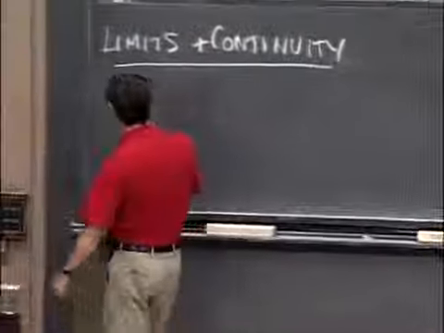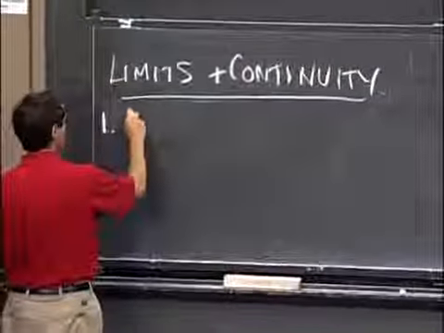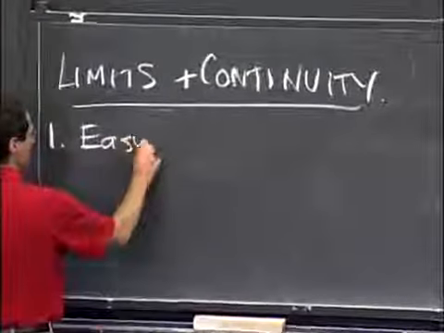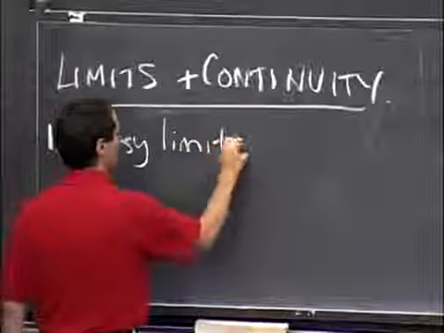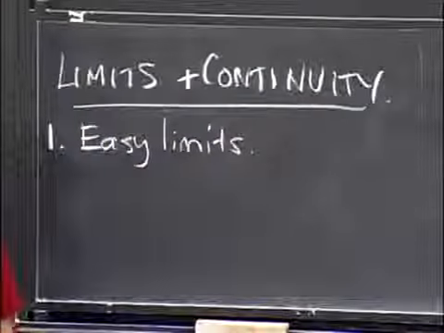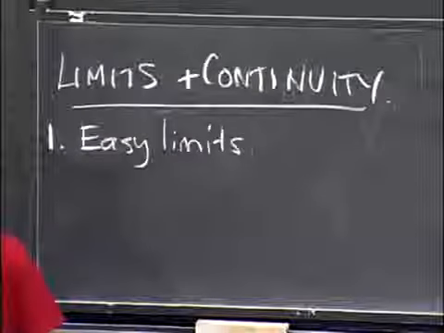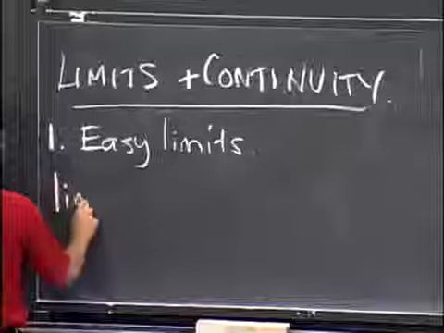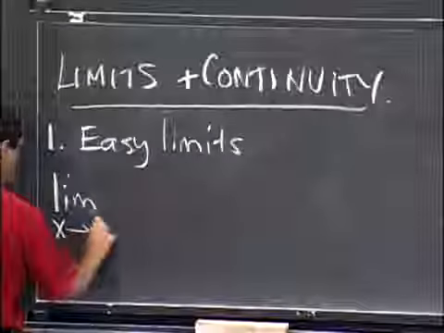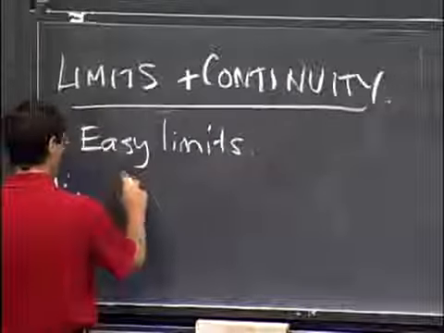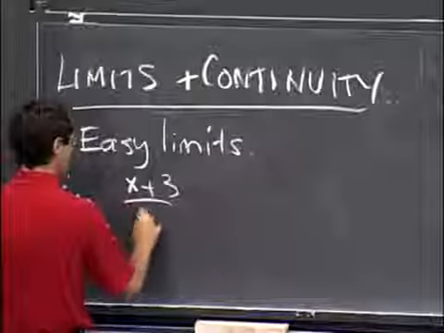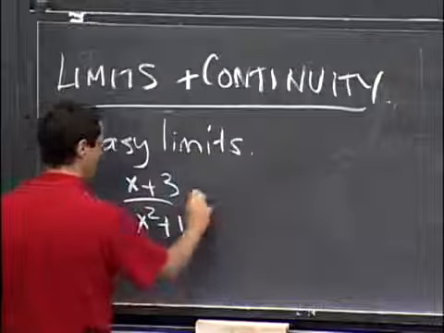So first of all, there's what I will call easy limits. So what's an easy limit? An easy limit is something like the limit as x goes to 4 of (x plus 3) over (x squared plus 1).